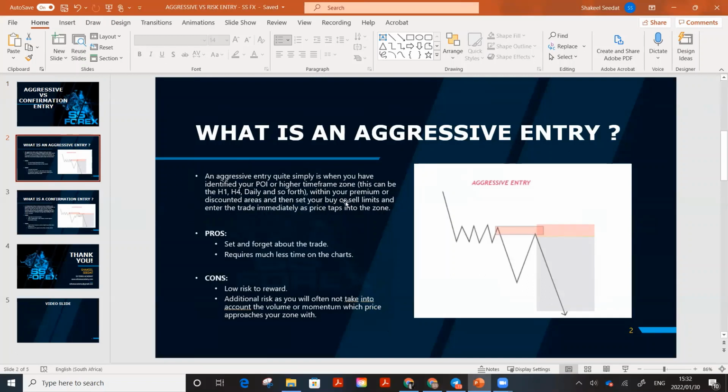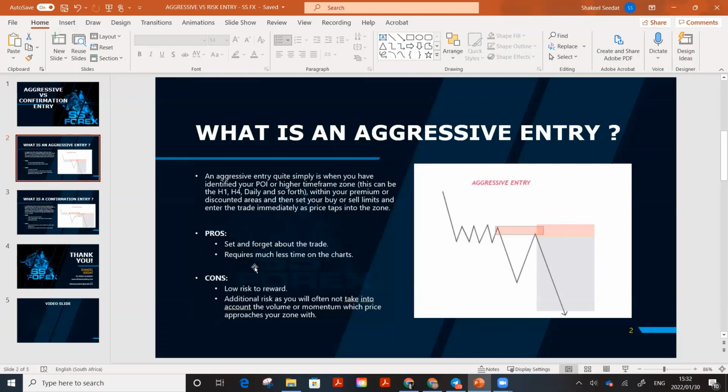These zones obviously need to form within your premium or discounted areas, and then you enter basically off buy limits or sell limits that you place on MT4.